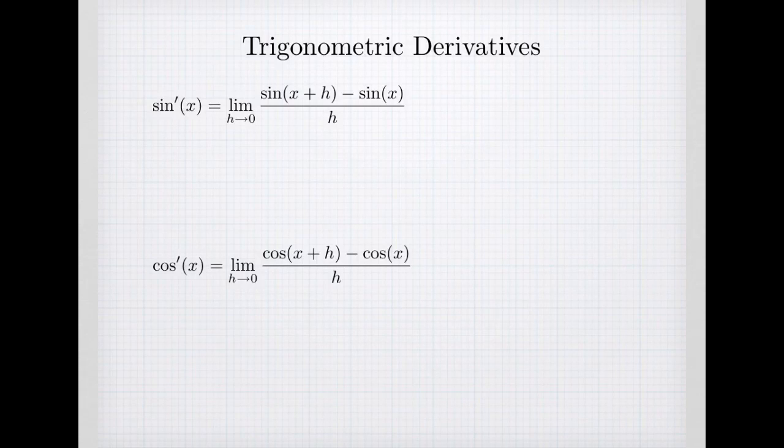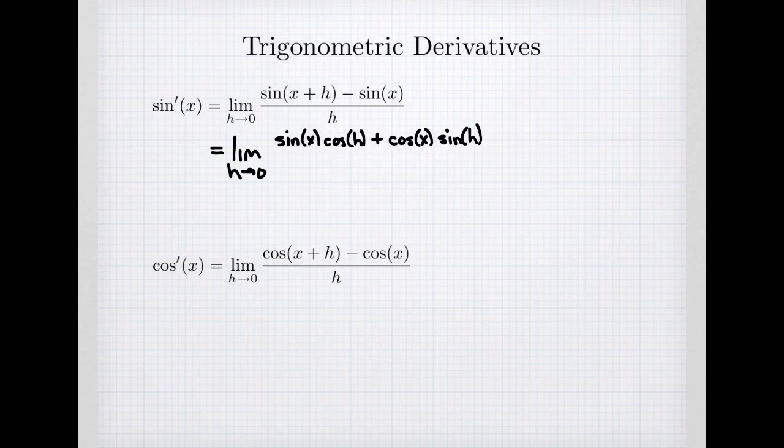So going back to our derivatives of our trig functions, we need to expand the sine of x plus h. We'll do that using our trig sum identity. So we get the limit as h goes to 0 of sine of x plus h expanded as sine x cosine h plus cosine x sine h.